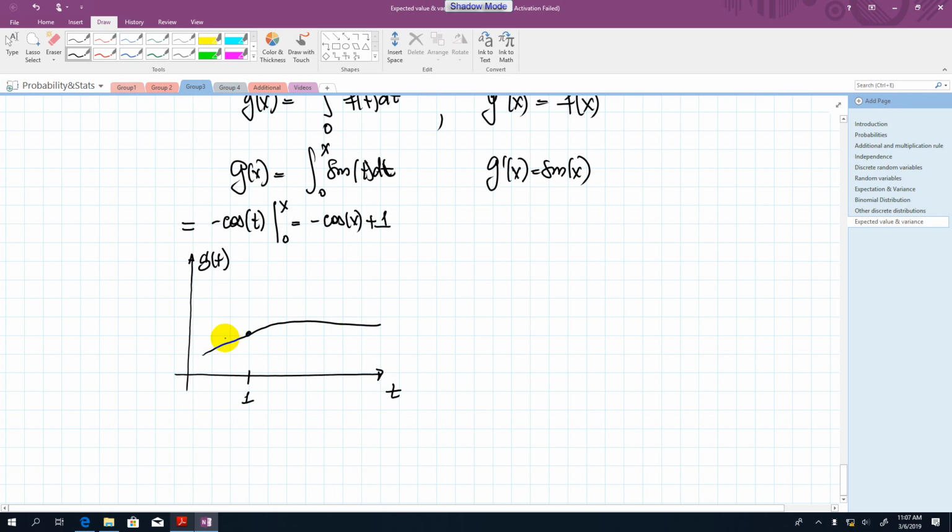The slope of the tangent line at a single point gives you the velocity. At the same time, if you're given the function of the velocity, you can find the distance.